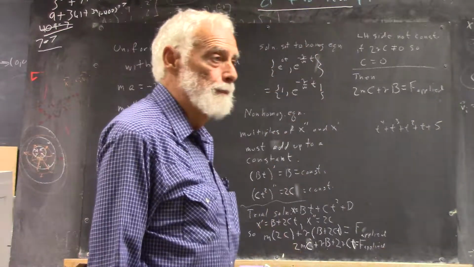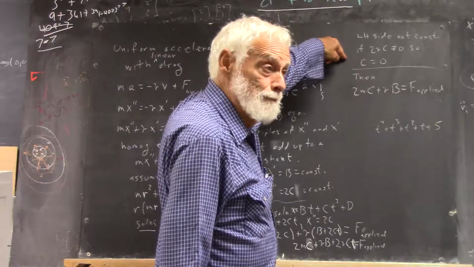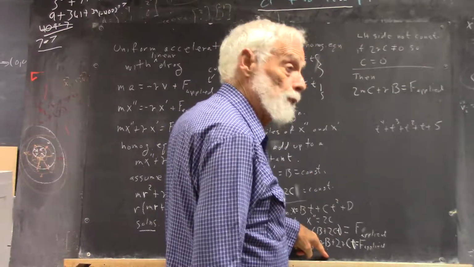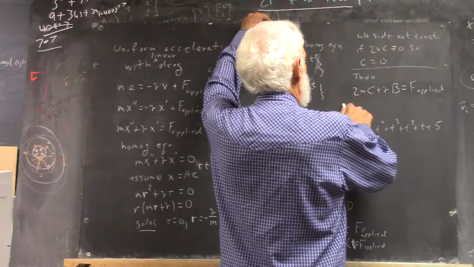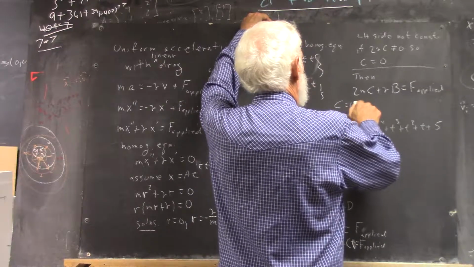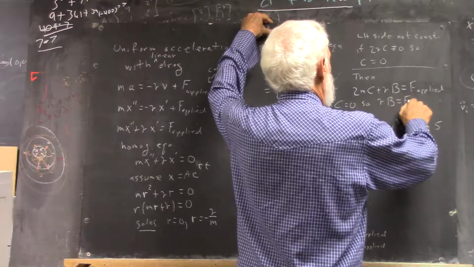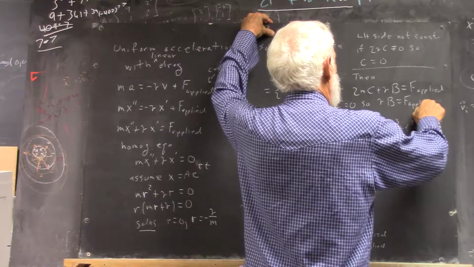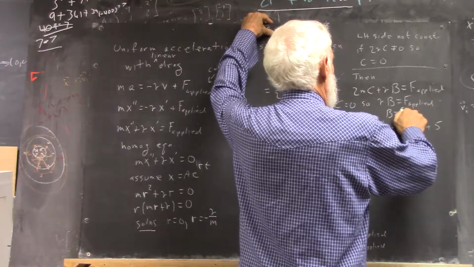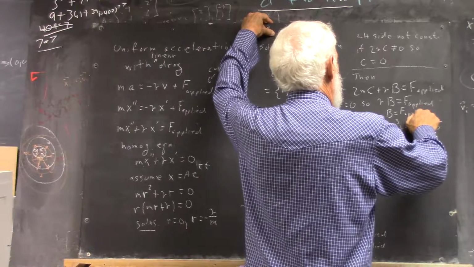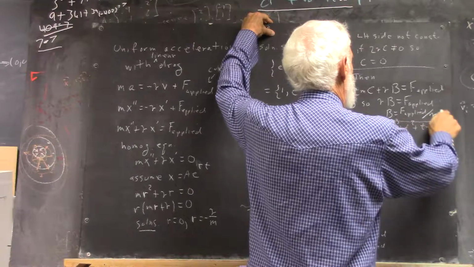Equals F applied, right? But C is 0. If C is anything but 0, this doesn't work. So B is your applied force over gamma.